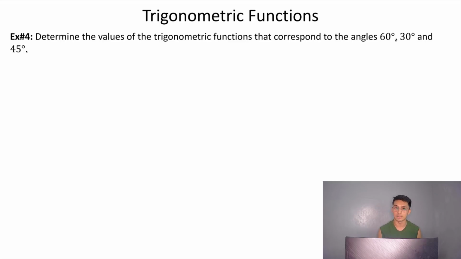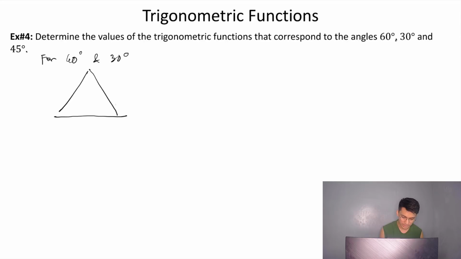Now, for 60 degrees and 30 degrees, we will assume an equilateral triangle. We have, ayan, this triangle. And syempre, to make it a right triangle, hatiin natin sa gitna. And we will assume a value of the sides. This is 2, 2, and 2.